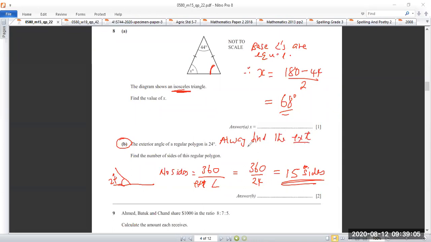If given the interior angle, we know that 180 equals the exterior plus the interior angle. Very important, please take note of that.